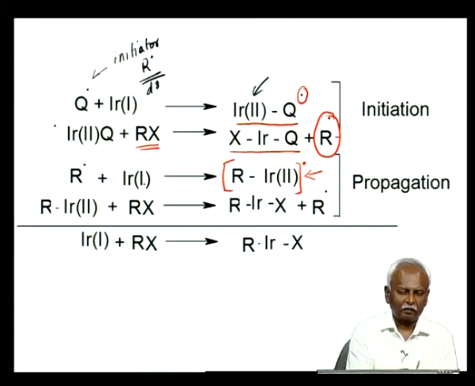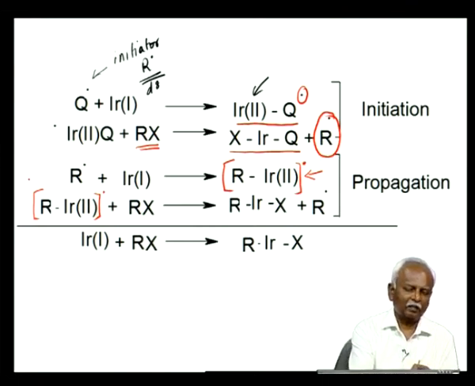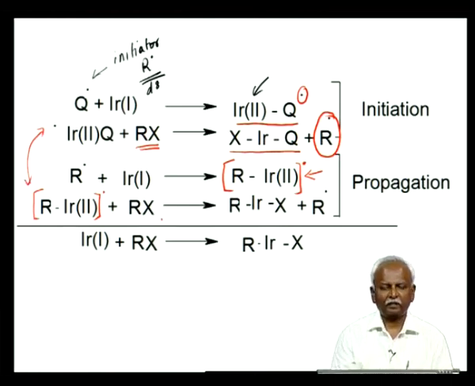Now, this iridium 2 species, which has got a radical nature, will react with RX. This is identical to what we saw here. These two reactions are similar. We just have RX reacting with this radical species to generate a free radical again.